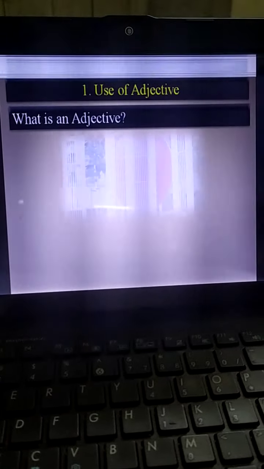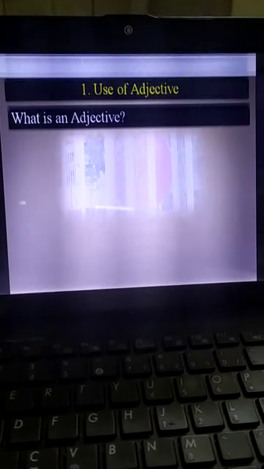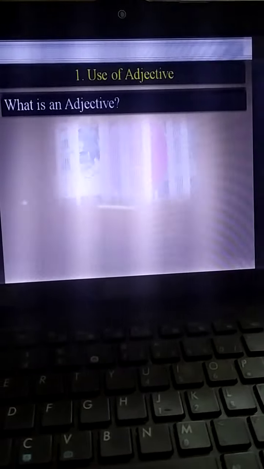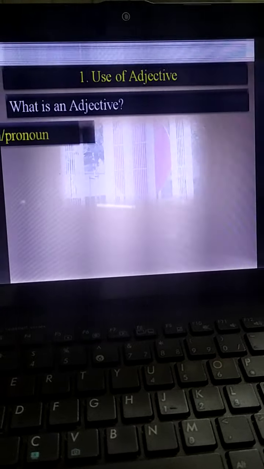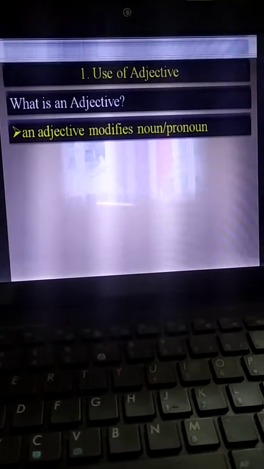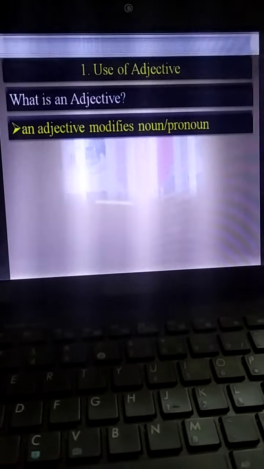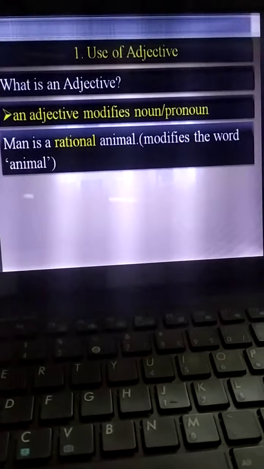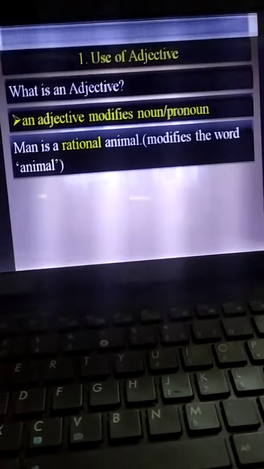In Bangla, if you remember, noun or pronoun ke modify kore take adjective bole. It is a very simple definition. Now, an adjective modifies a noun or pronoun, and we'd like to see it in sentences. Look at this sentence: Man is a rational animal.